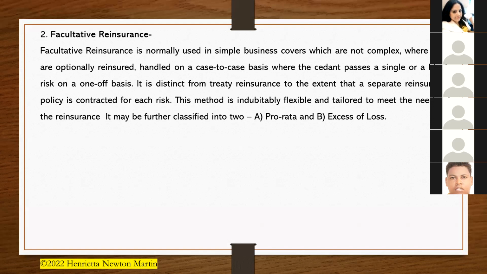So this method is undoubtedly flexible and tailored to meet the needs of the reinsured. It may be further classified into pro rata and excess of loss. Thereby we have treaty reinsurance, under which we have 6 types, and facultative reinsurance, under which we have 2 types, that is pro rata and excess of loss.